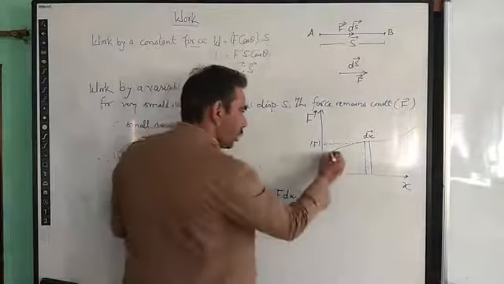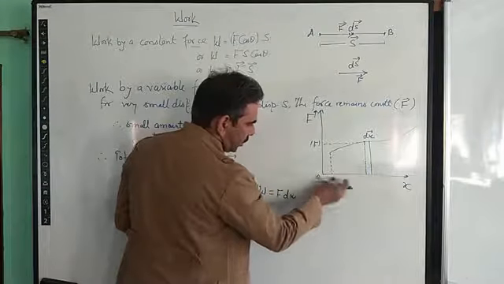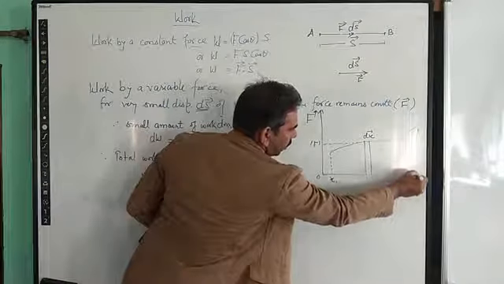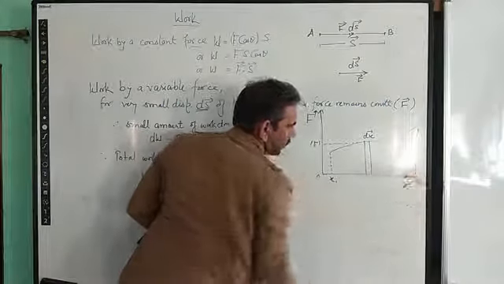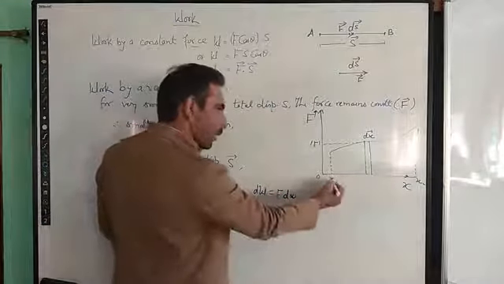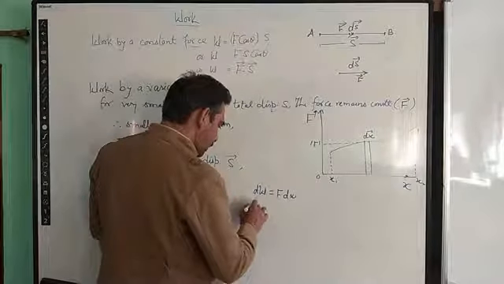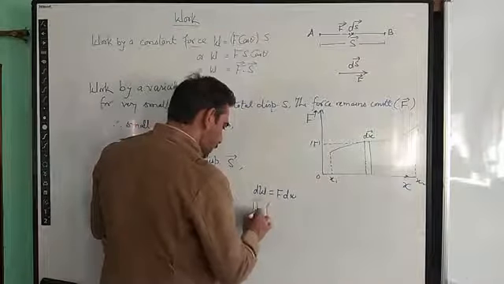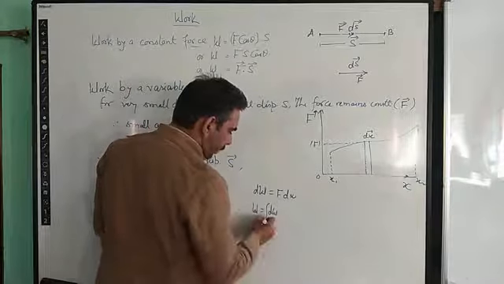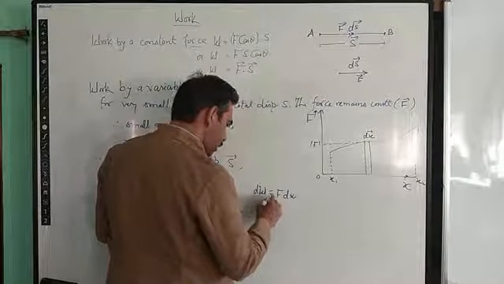And for the whole displacement from the initial position x1 to the final position x2, what is the total amount of work done? The total amount of work done is nothing but the integration of all such small work done between the initial point x1 to the final point x2.